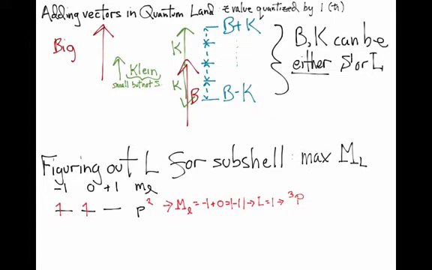If I have both spins up, I can't put both up spins in the -1, because they're not allowed to both be in the -1 and up. So if I have two spins up, the most extreme case I can get is to put one in the -1 and one in the 0. The m sub l, the total z component of the orbital angular momentum there, is just -1 plus 0, which equals -1, and I take the absolute value of that, which gives me 1.